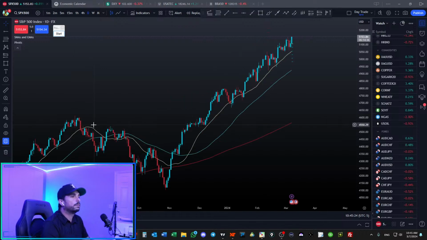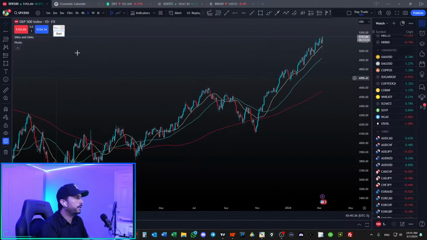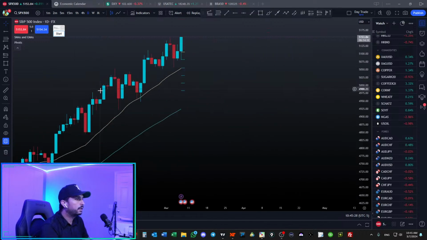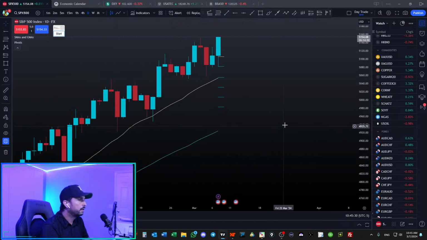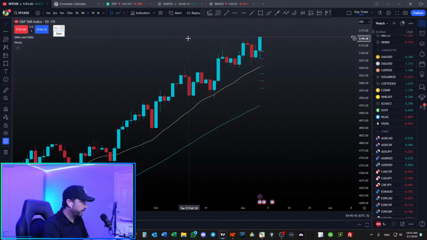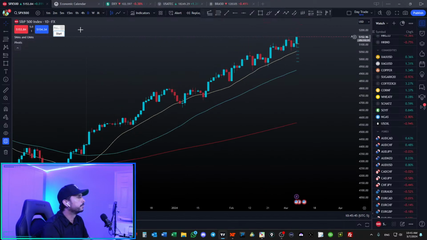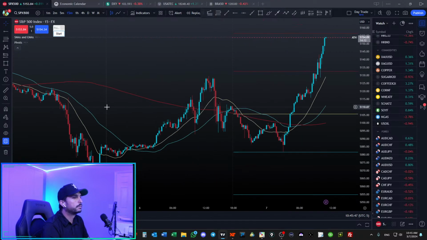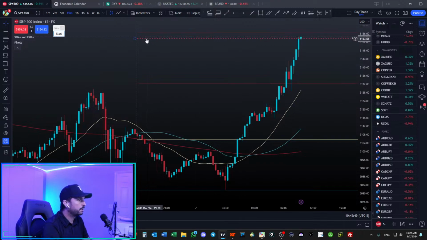This is the S&P, daily. What we're going to do is just mark this one for now, the all-time high, and we'll move it as we need by the end of the session, because it keeps eating the all-time high.